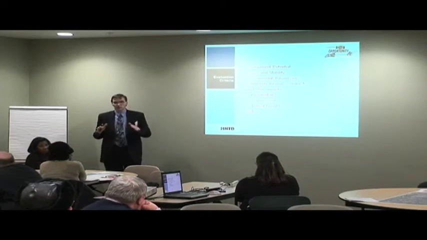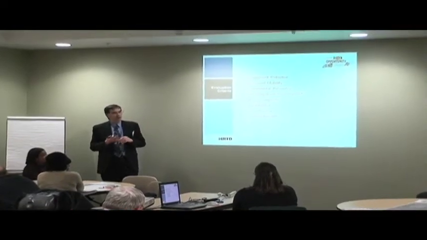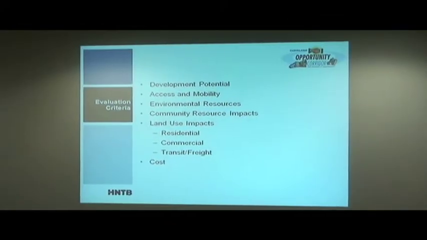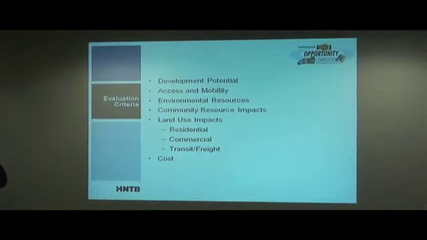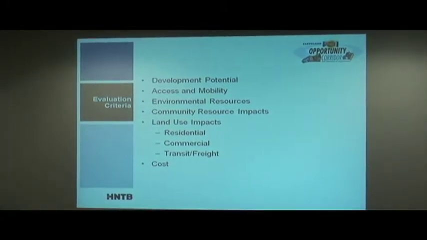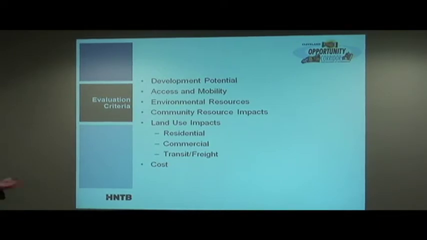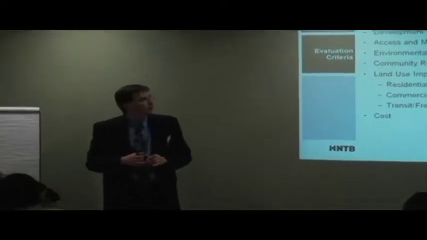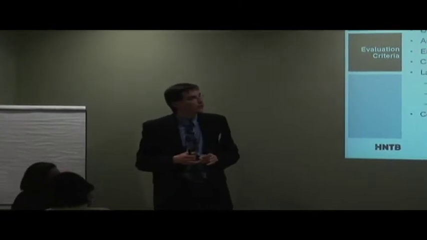So we came up with these alternatives and we said, well, how do we evaluate them? We want to see how much development potential they have, how well they improve access and mobility to the communities that they're serving and going through. We're looking at what kind of environmental resources they hit along the way, whether it's hazardous waste or part of the natural environment. What kind of community resource impacts are there?